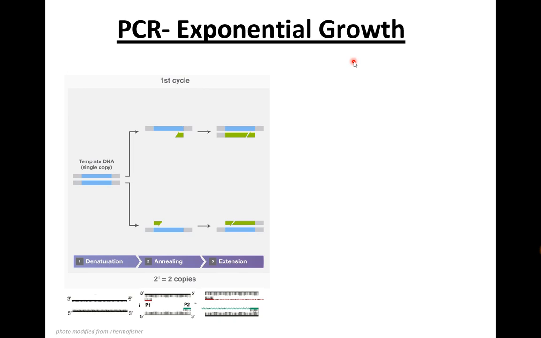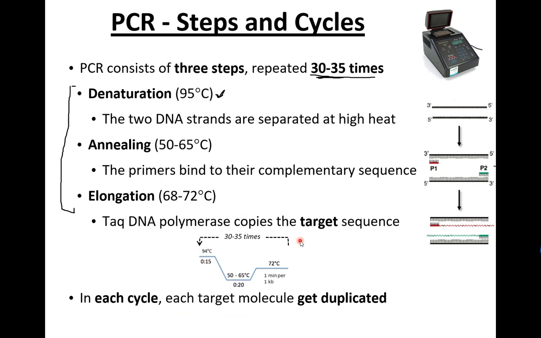So here you can see how it's going to work. Imagine this is your starting copy of DNA. Imagine you have a single copy of that molecule, just one, all right? And then you get the machine to go. So obviously you have added the Taq DNA polymerase, the primers, and so on. And now you go through one cycle of denaturation, annealing, and extension, these three steps I told you about.